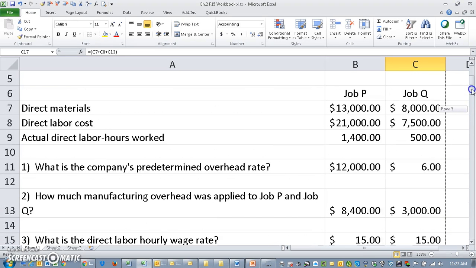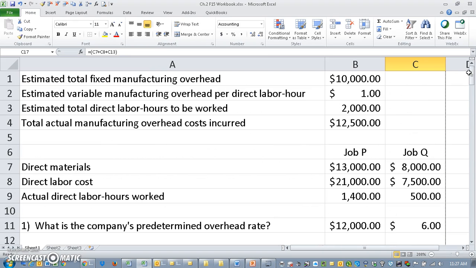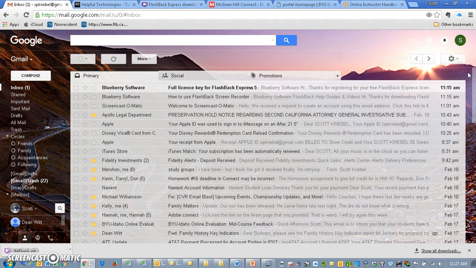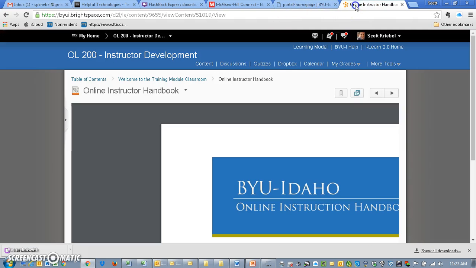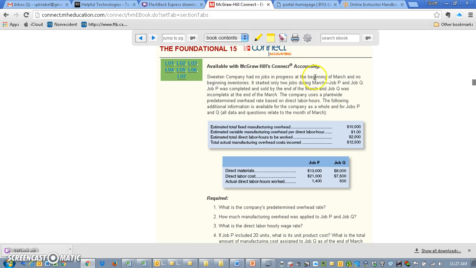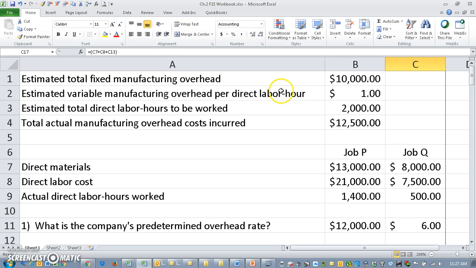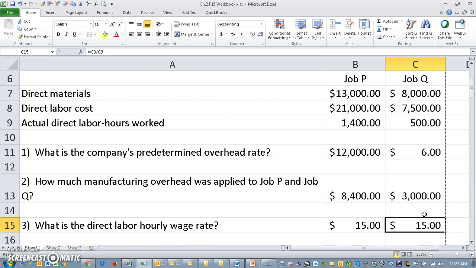Okay, remember, way at the beginning, and let me see if I can switch over to the, whoops, here we go. Remember, it said that job P was completed and sold by the end of March, but job Q was incomplete at the end of March. So job Q is our ending balance in work in process, okay? Because it's not done yet.